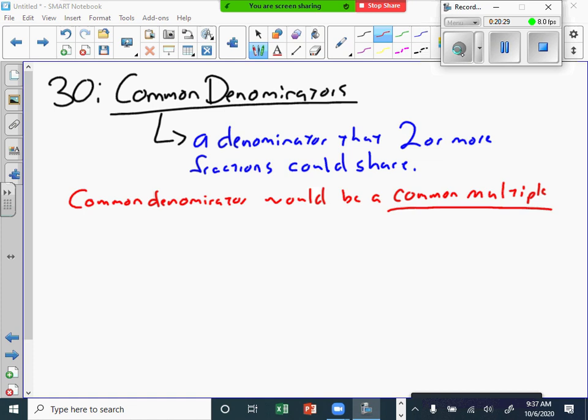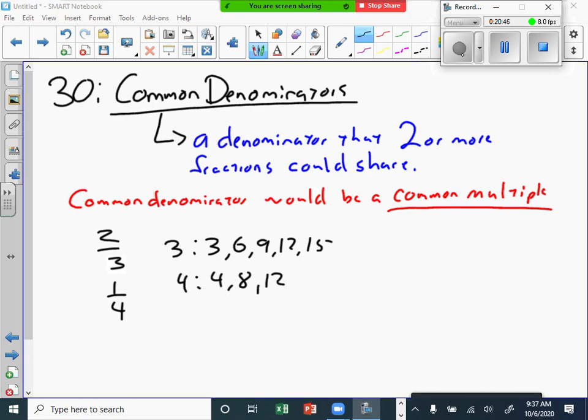So if I look at 2/3 and 1/4, we pick two easy ones. I look at 3, 6, 9, 12, 15, and I look at 4, 8, 12. That's my common denominator. And I know you could have probably done 2/3 and 1/4 in your head.